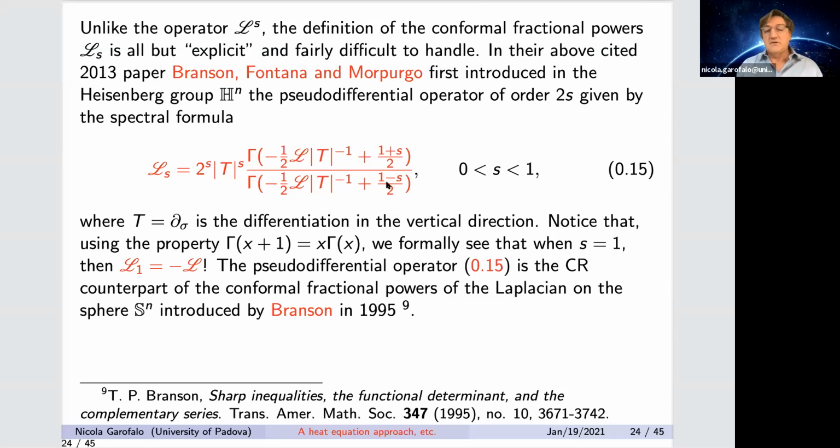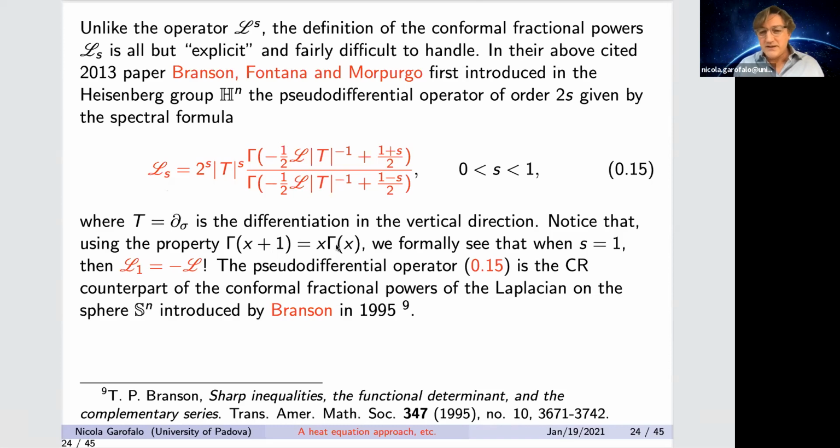You have to think of this in terms of the spectral resolution of the operator. L here is the horizontal Laplacian in the Heisenberg group, and T is d/dσ, the missing direction.